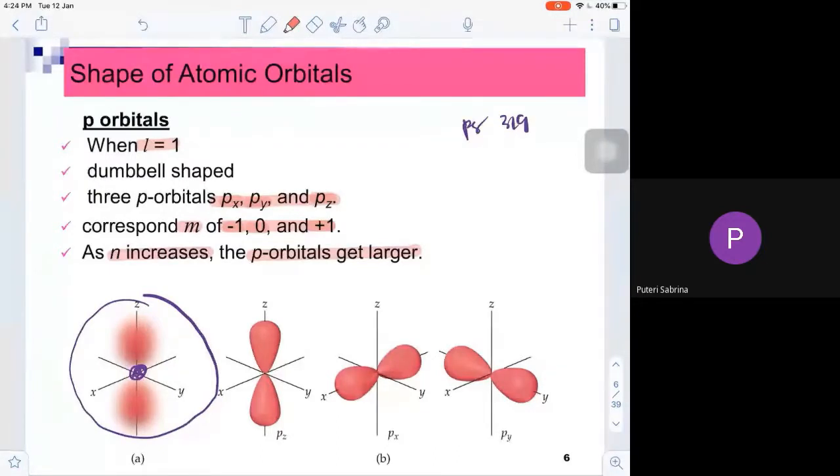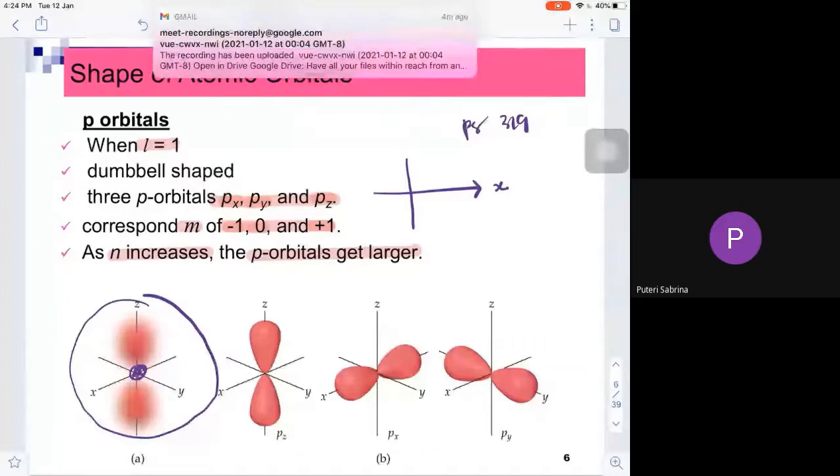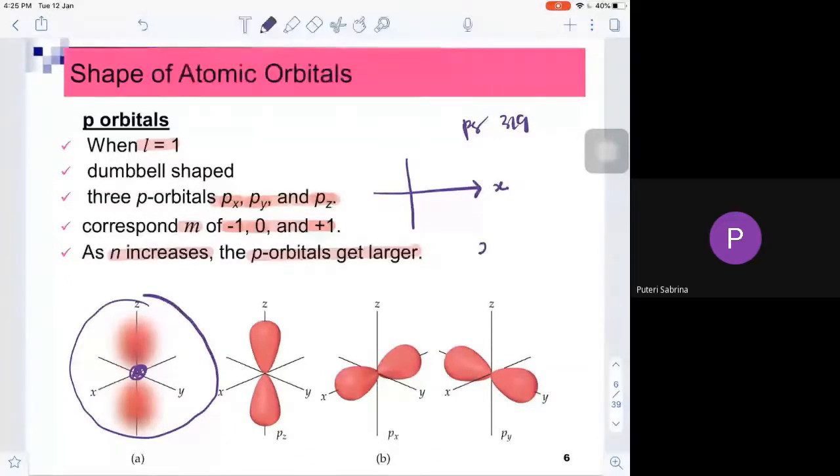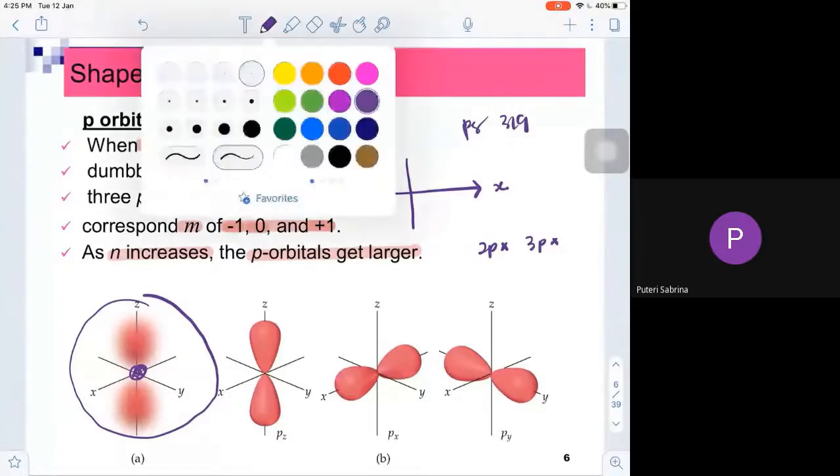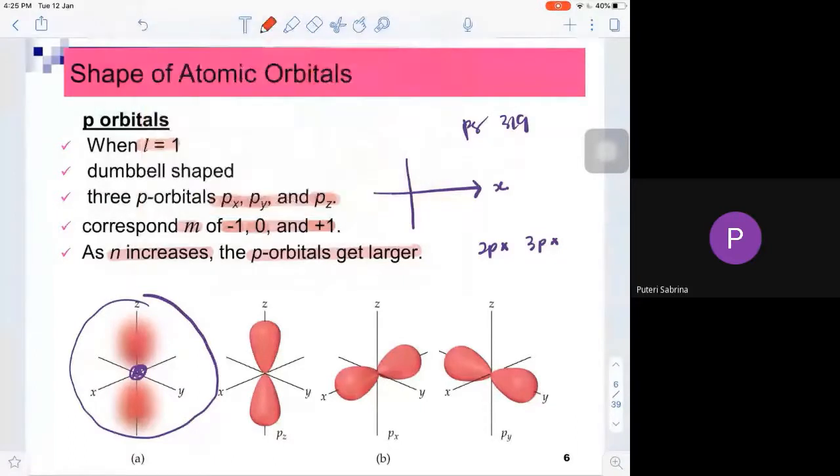Let me show you how, when n increases, the size will be greater. Let's say this is the x-axis, and we want to draw and differentiate 2px and 3px. We will have two lobes on the same axis. This is 2px: draw the first lobe and the second lobe, and the size should be the same.